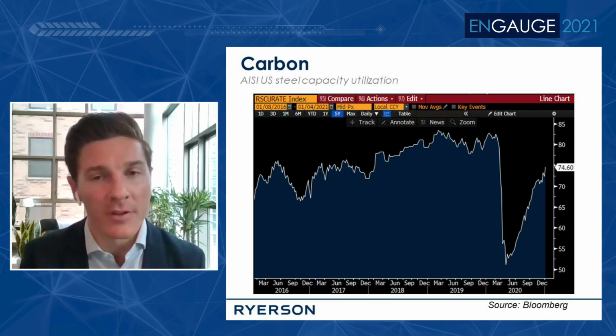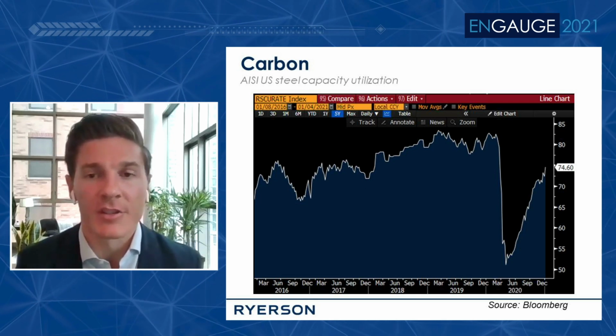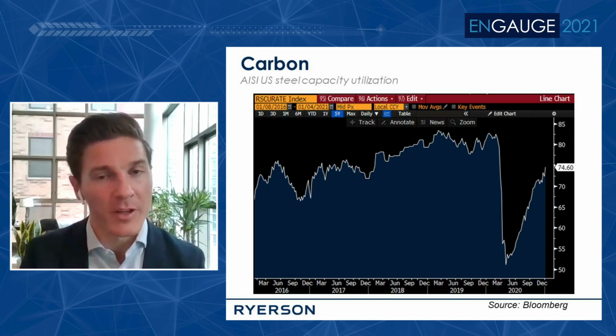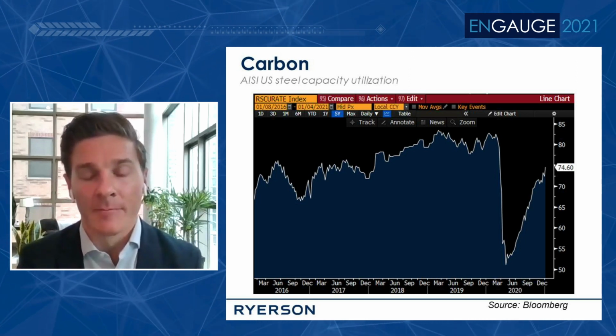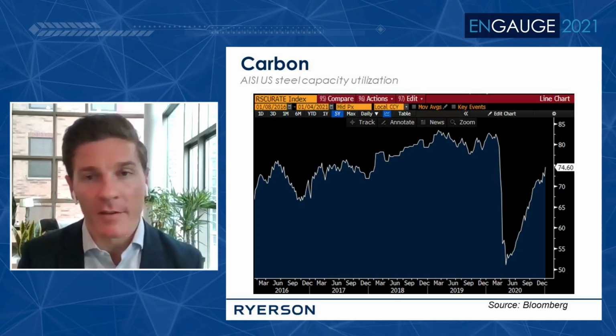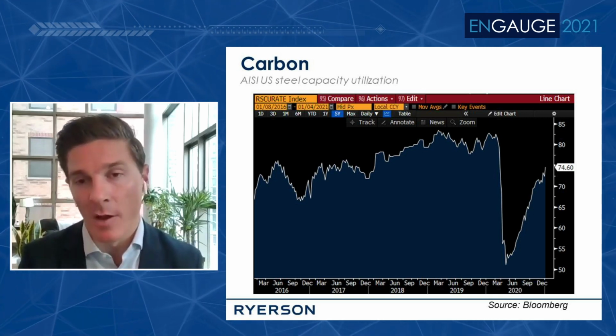So pre-COVID levels, normal utilization is somewhere in the realm of 80 to 85%. That means mills are operating pretty close to full capacity. They've got a little bit of extra room in case demand ramps up. That's kind of a normal to decent environment, I would say.